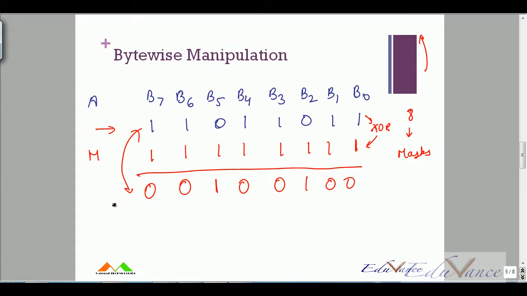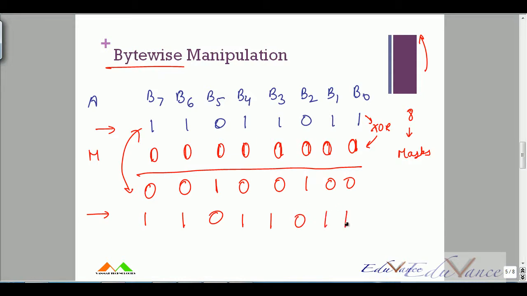So again, I can do bytewise manipulation. Now a question that would come to your mind is, what if my mask was all zeros? What would happen? Then my output would be as it is. 1 XORed with 0 gives me 1, 1 XORed with 0 gives me 1, 0 XORed with 0 gives me 0, 1, 1.